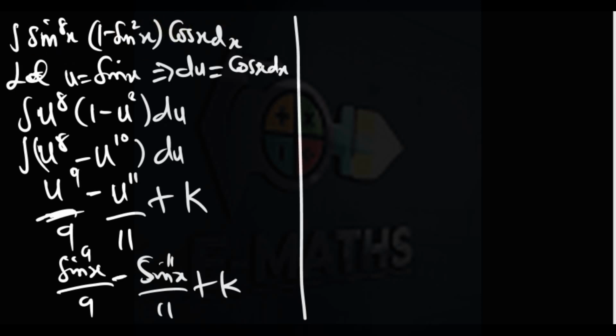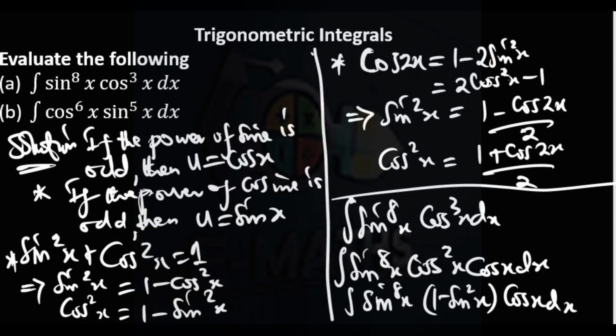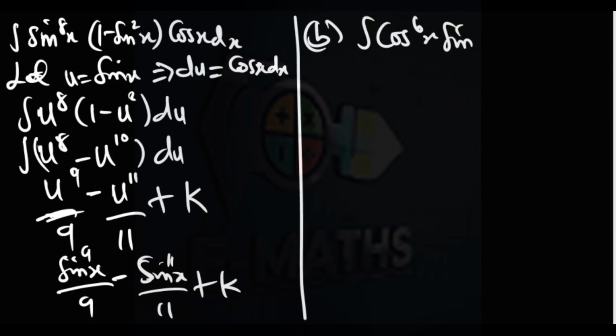We are given the second question, we're asked to integrate cos x raised to power 6 times sine x raised to power 5 dx.